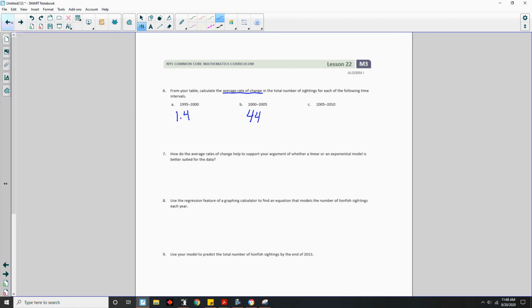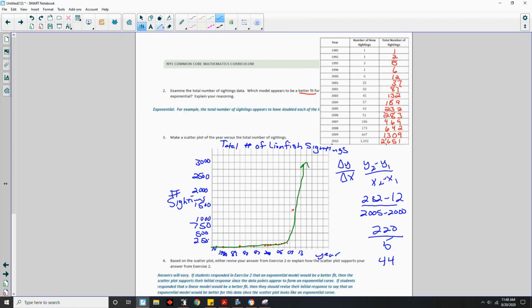Okay, now we're going to go to 2005 to 2010. So 2010 minus 2005 is my denominator. In 2010 there were 2,651 sightings, and in 2005 there were 232.